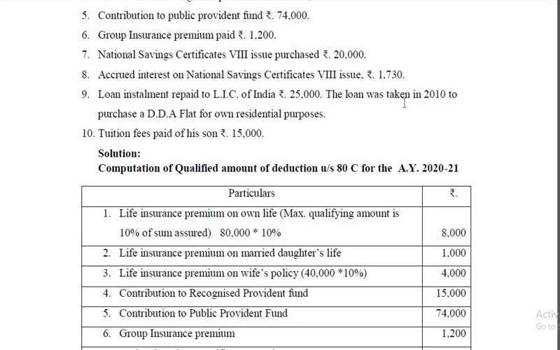And the loan was taken in 2010 to purchase a DDA, that is Delhi Development Authority, flat for own residential purposes. So the entire amount 25,000 is qualified.